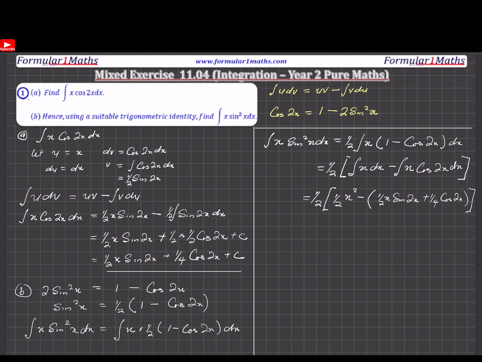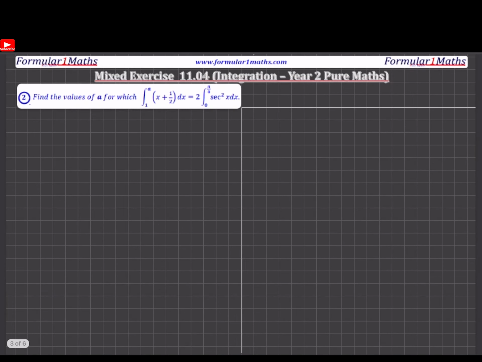And finally, if I expand that, I'm going to get 1/4 x squared, and that will be this times that. And then I'll have minus 1/4 x sine 2x minus 1/8 cos 2x. And then I add my final integration constant, c. And so that's the final answer.